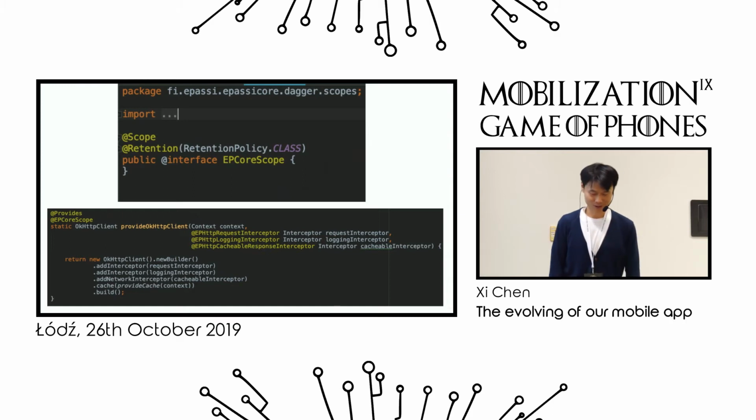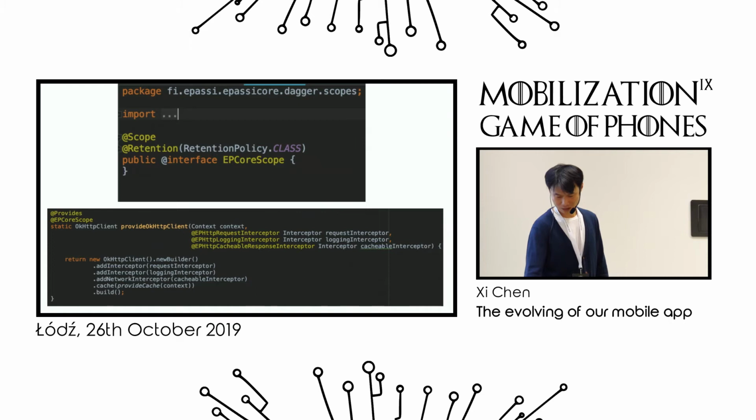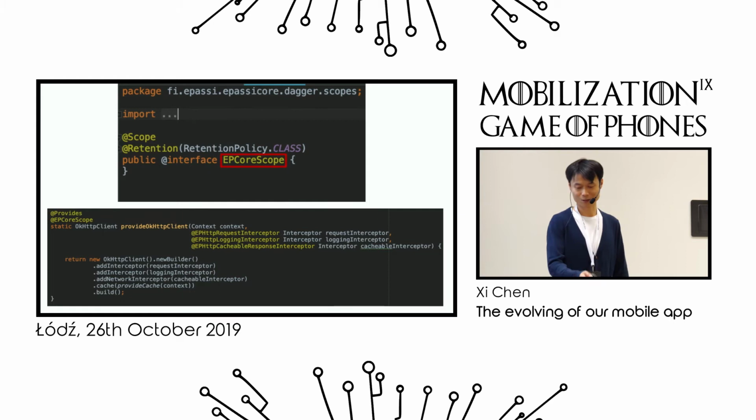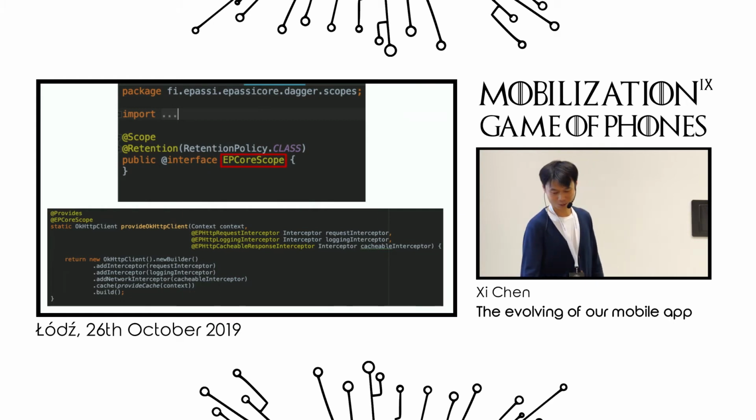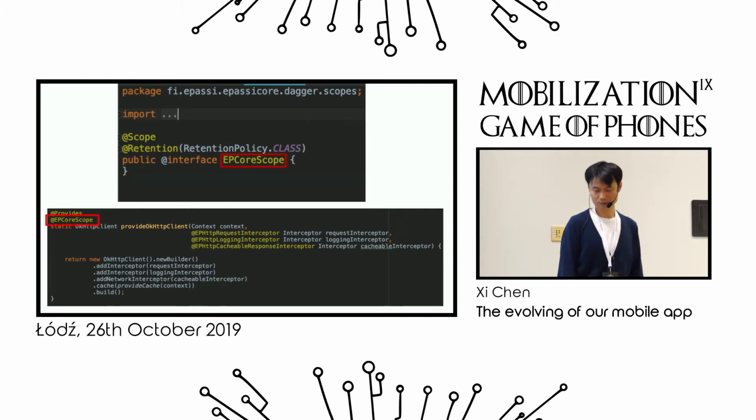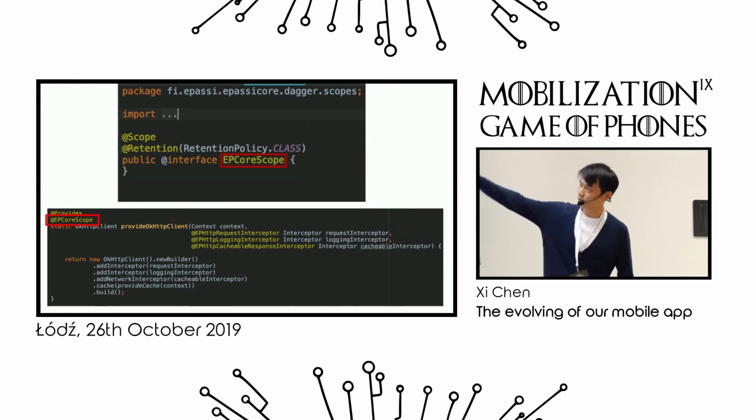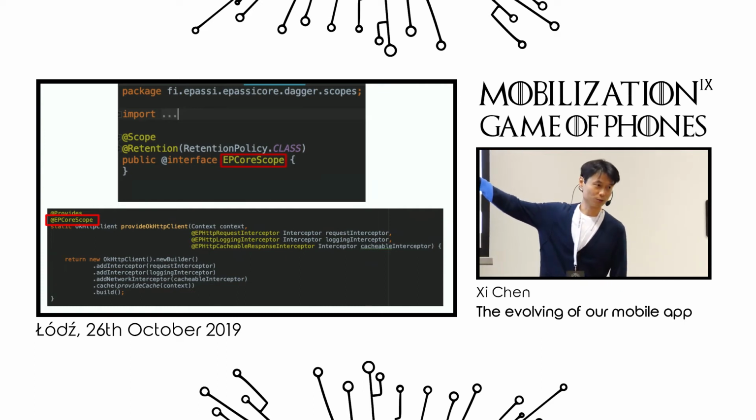Okay, how did we do that in practice? This is our scope definition. It's just one Java annotation interface. We call it EP core scope. The EP represents our company name, ePassi. So we use the prefix EP, and we use it inside the module.